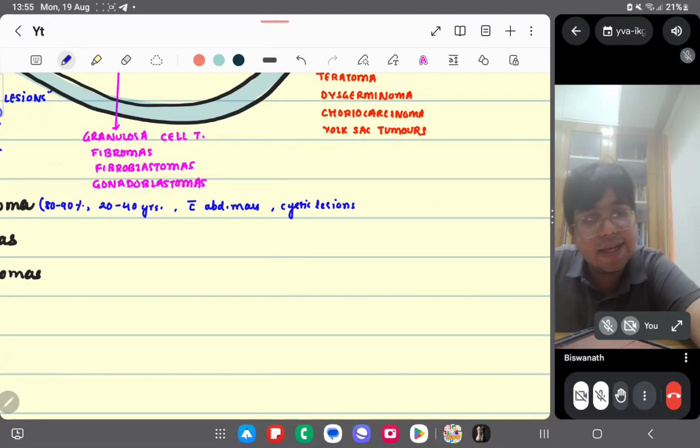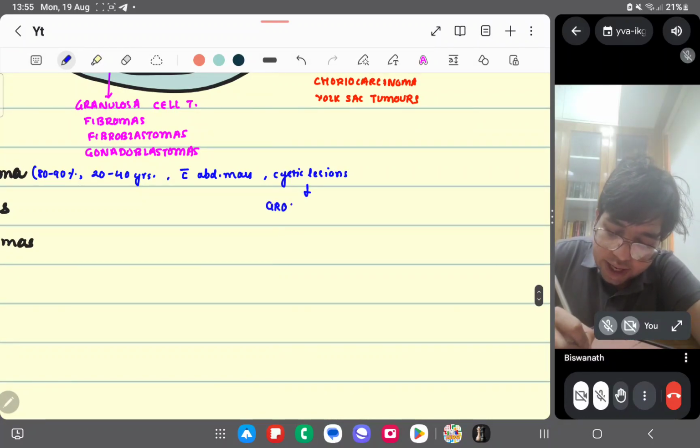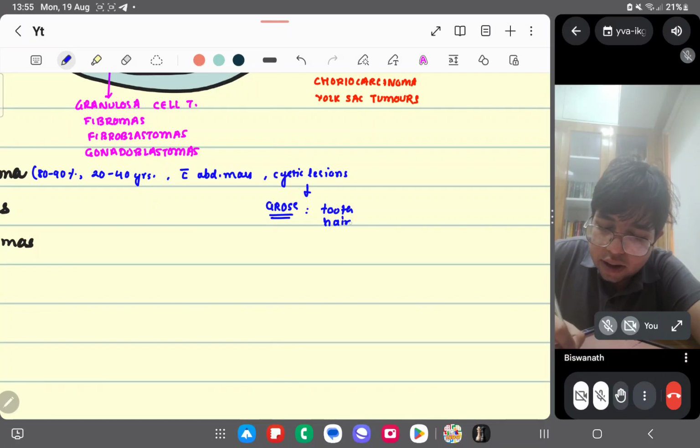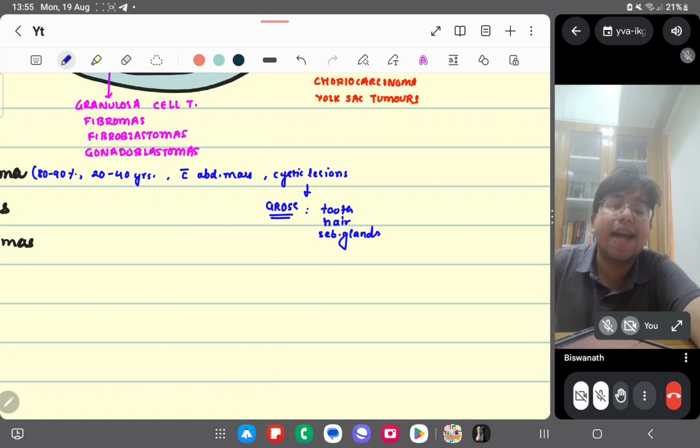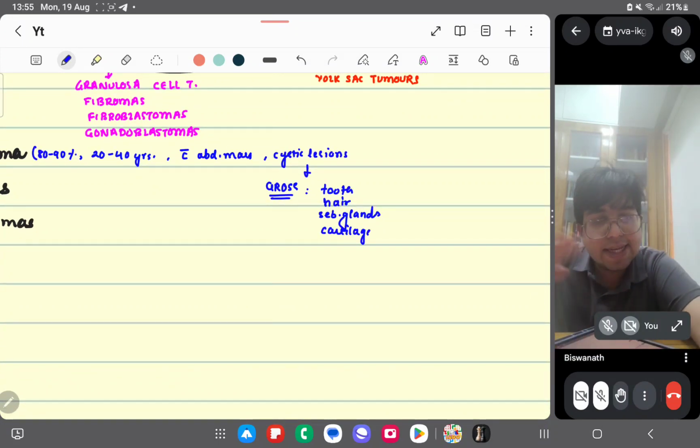These are basically cystic lesions, and importantly, as all three germ layers are contributing, in the gross appearance we can have tooth, hair, sebaceous glands, all the mesenchymal components, cartilage may be present. If you excise the tumor and see, you can see a tooth, nails, bone, cartilage, all may be present since it comprises all the layers.